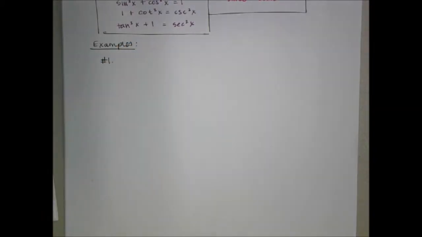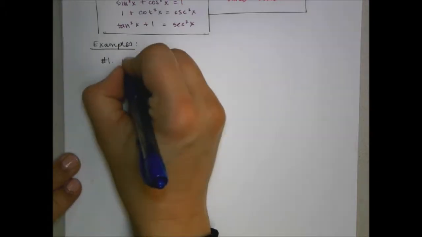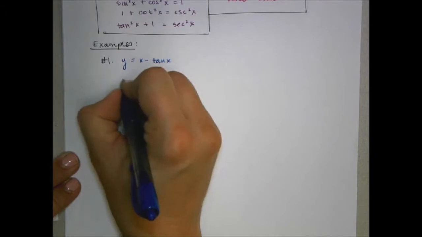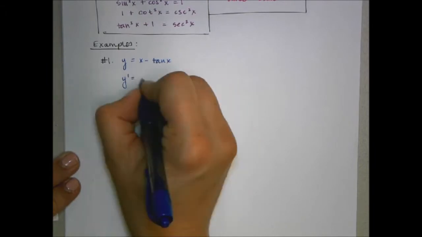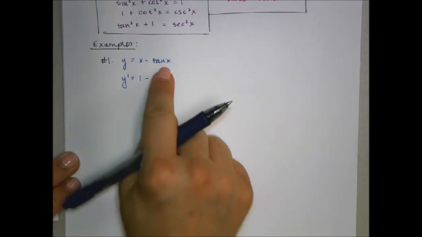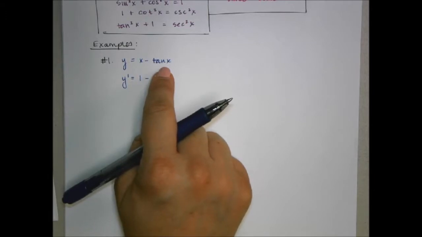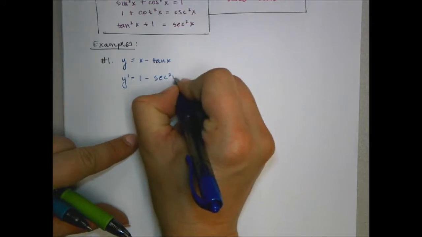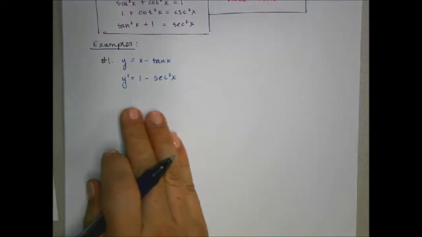All right, starting with the function x minus tangent x. So the derivative here of x is 1. And just looking back at your chart, remember the derivative of tangent is secant times secant, or secant squared. Which feels pretty nice. Just leave it that way. You've taken the derivative.